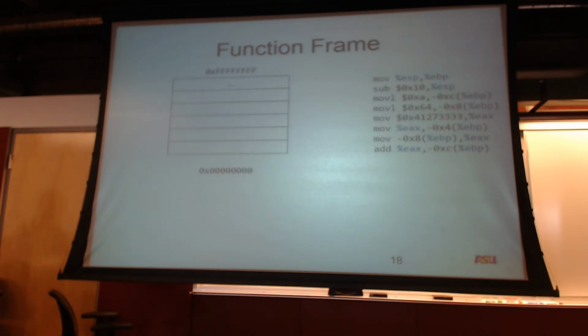Initially, the big address is at the top and the small address is at the bottom. So let's say that is our stack pointer. We keep track of EAX, ESP, and EBP, right? So the first instruction is move ESP to EBP. So EBP becomes this, right?